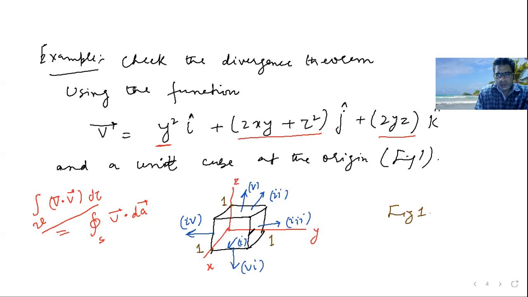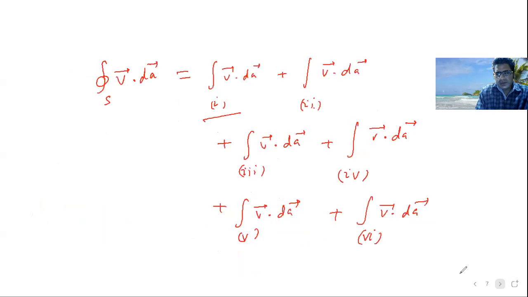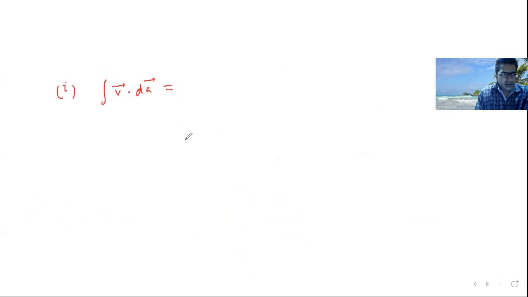So if I write it here, for the first face V dot dA is integral 0 to 1, 0 to 1, y square dy dz. I am evaluating the surface integral, that's why there are only two integrals. Where from have I obtained it?